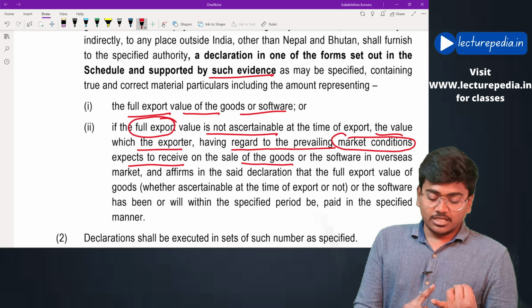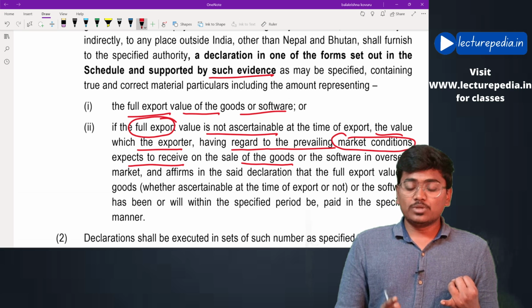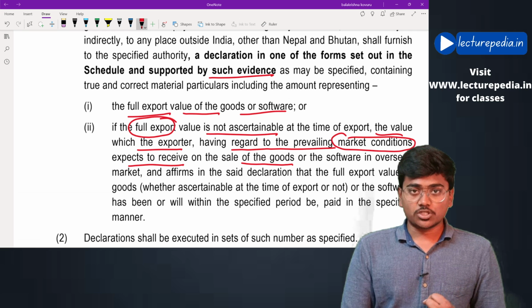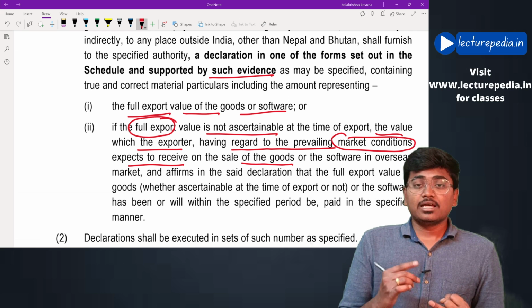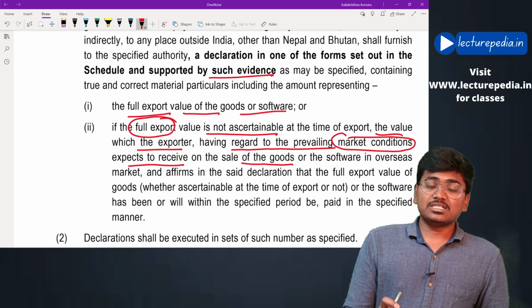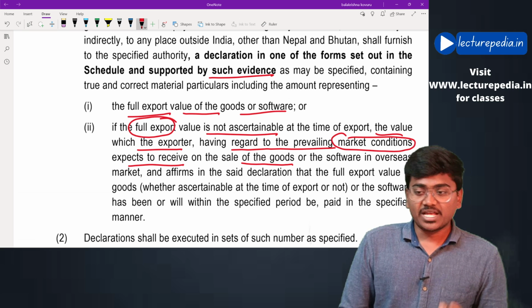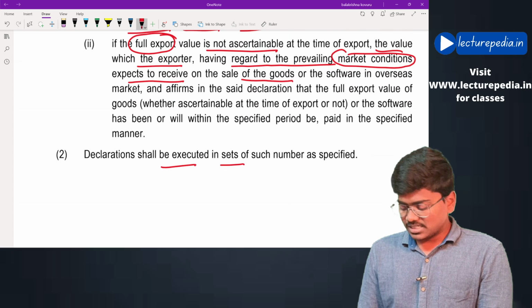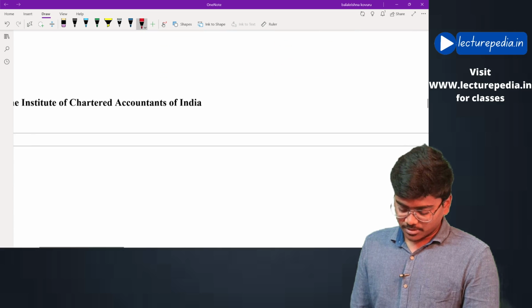If the export value is ascertainable, evidence regarding that export value. If not, then evidences regarding the amount that the exporter is expected to realize have to be given. Next, the declaration shall be executed in such sets, such number as may be specified.